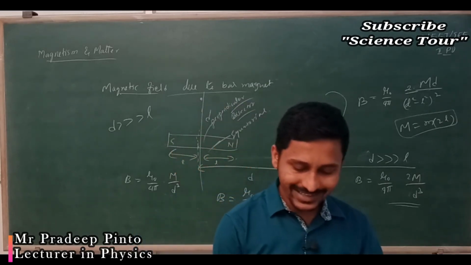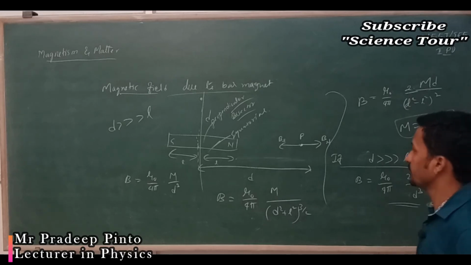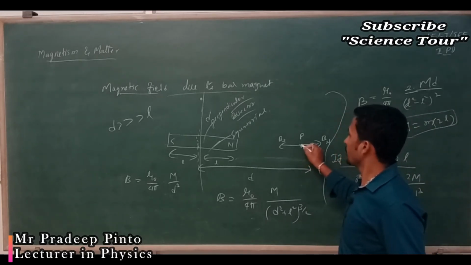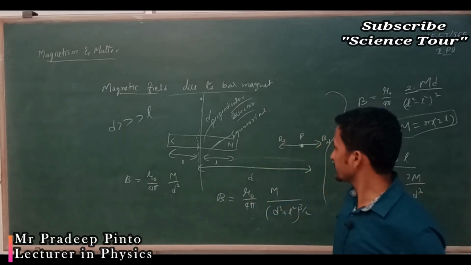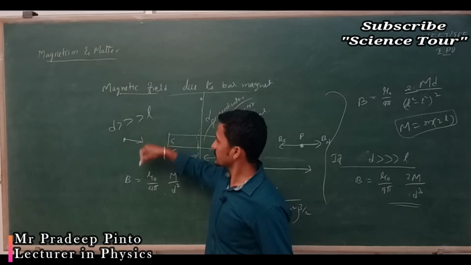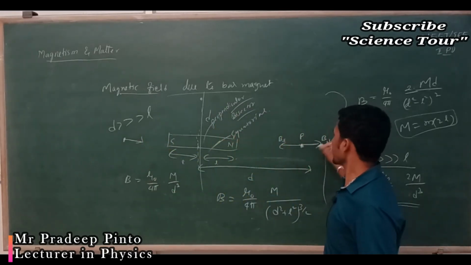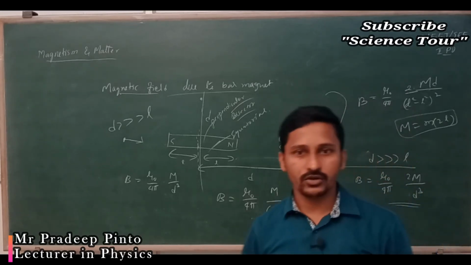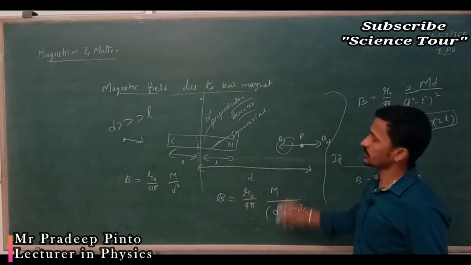So what is the direction? The direction of B on the axis: nearer to this end we can write it as towards south, and at this point it is away from the north. Because of the south this is the weakest field and this is the strongest one, right?